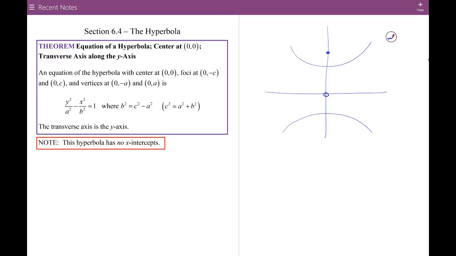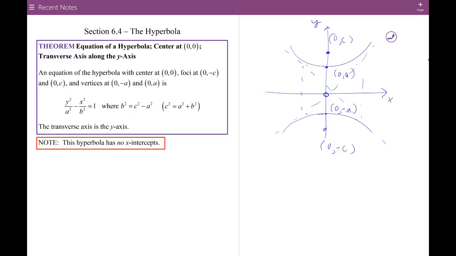The focus is at 0, C and 0, negative C. Vertices at 0, A and 0, negative A. And then all the B does is tell us how open the hyperbola is, whether it's narrow or wide, because the B is what creates the asymptote slope.